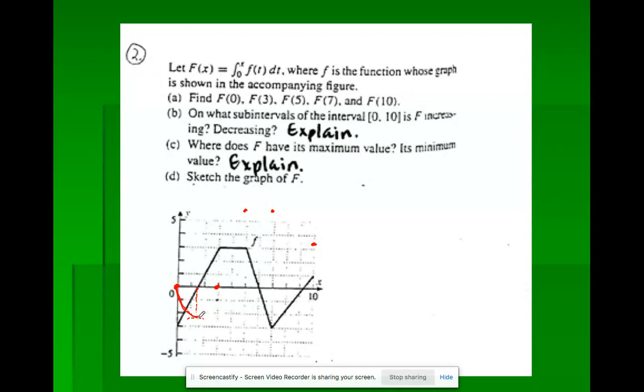Still concave up, but our derivative is positive, so we are increasing. Derivative is still positive, but my derivative is constant, so I'm going to draw a straight graph, but increasing because the derivative is positive.